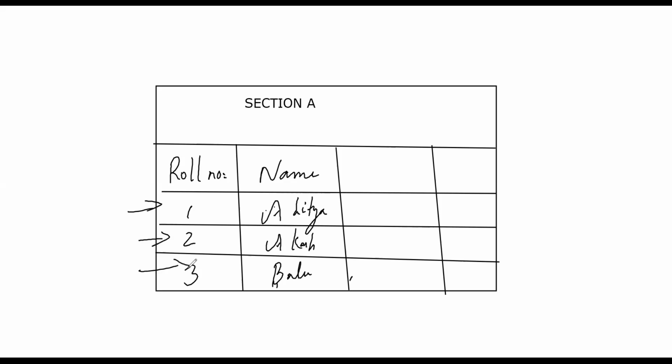It is understood that roll number 1 is Aditya, roll number 2 is Akash. So I need not type again roll number 1. Is it easy for me to identify and find out the roll number and name? How am I making this software? By using a simple concept called array.